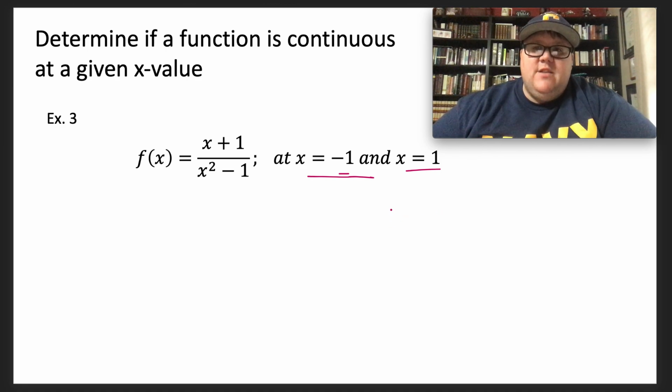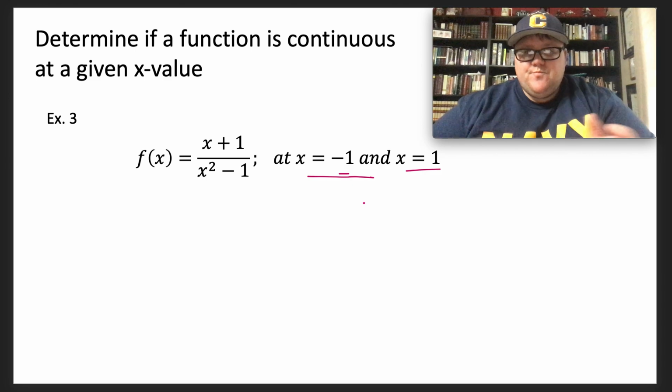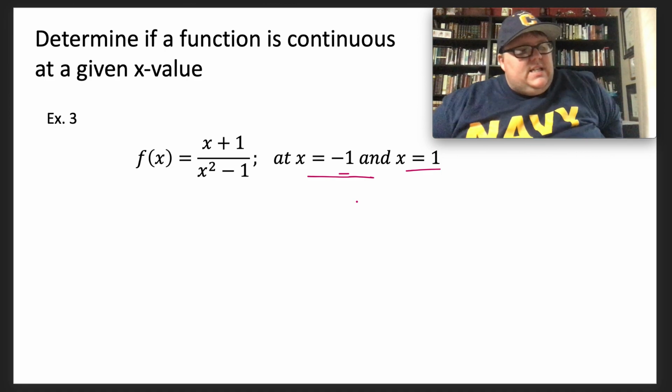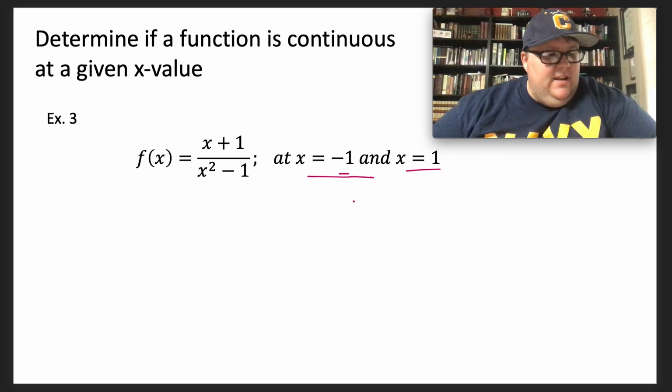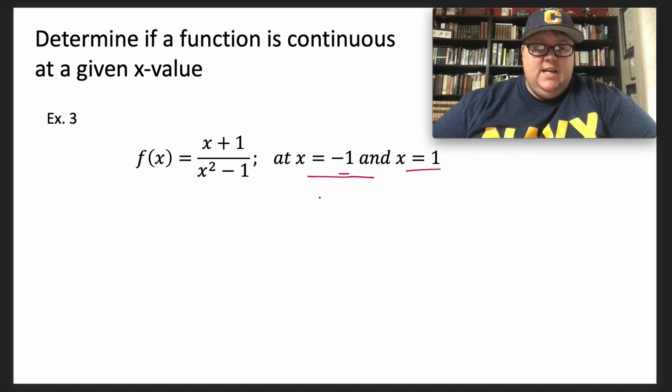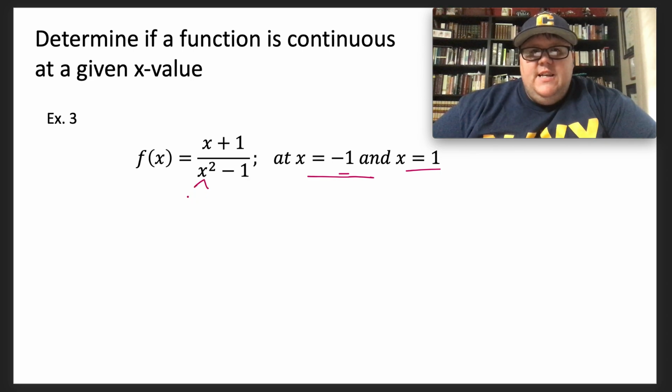So now I have to understand which type of discontinuity it is. Is it a removable discontinuity, or is it an asymptote, which would be an infinite discontinuity? I can factor this bottom as, remember, x squared is x times x, but then -1 is 1 and -1.